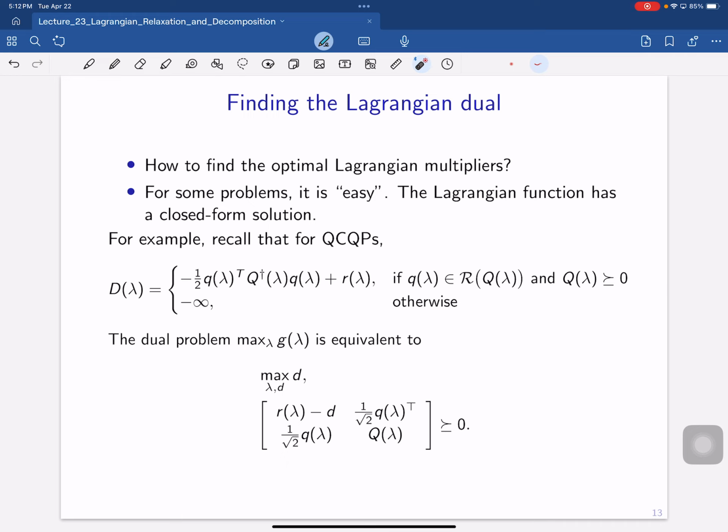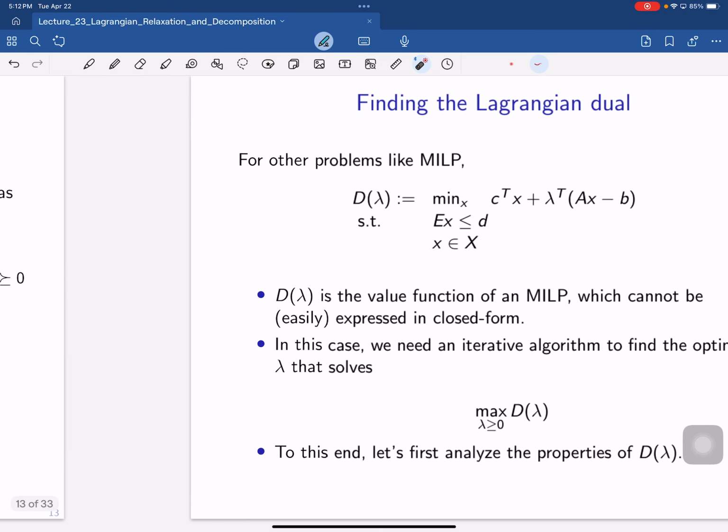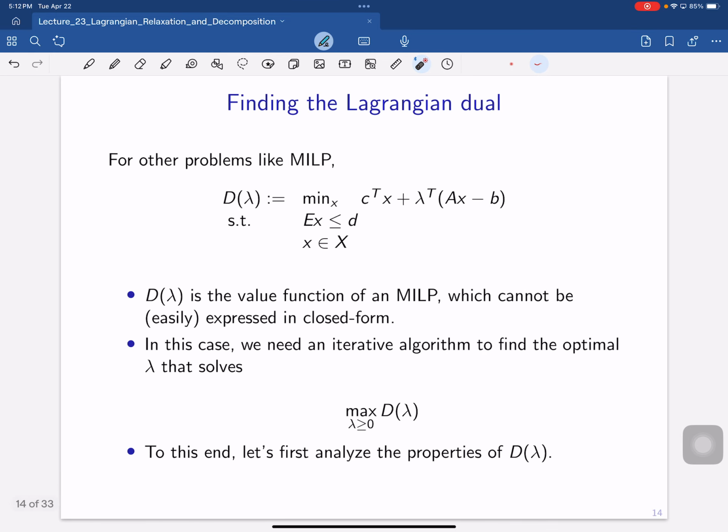So this is finding the Lagrangian dual for QCQPs. This is nice because the Lagrangian dual is an SDP. But for mixed integer linear programs, it's not that trivial. The reason is that d(lambda) is essentially a value function of an MILP. Recall we talked about the definition of value function before.